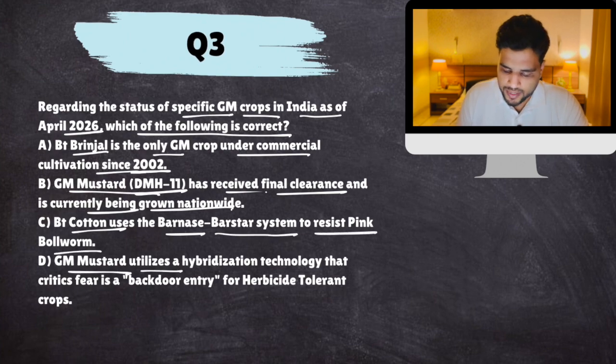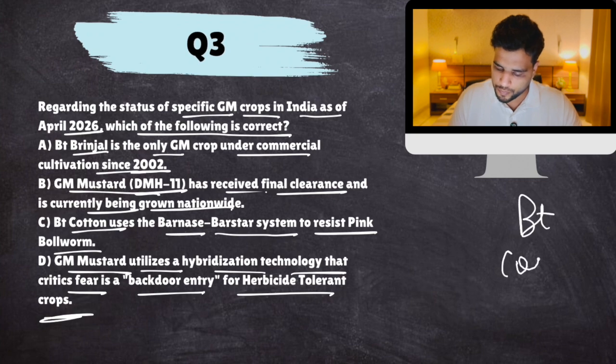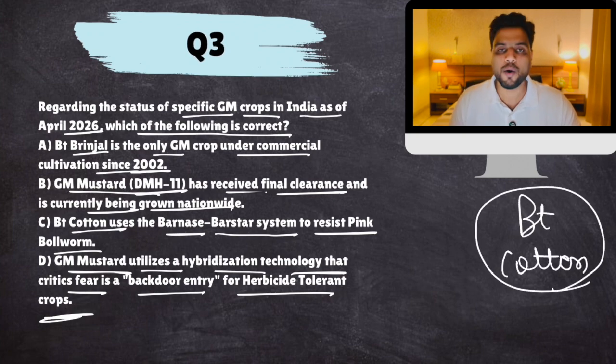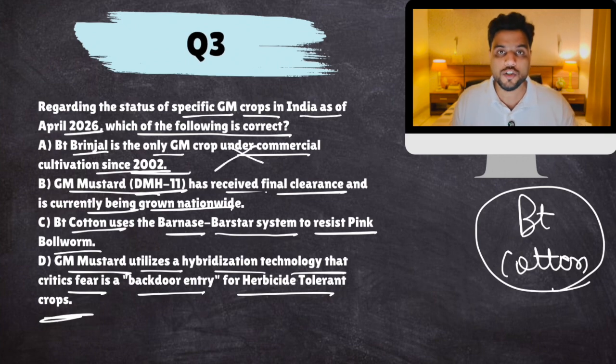GM mustard utilizes a hybridization technology that critics fear is backdoor entry for herbicide tolerant crops. Remember, no GM crop is allowed in India for commercial cultivation except BT cotton, and BT cotton has been allowed since 2002. So the first statement is false. BT brinjal is not allowed.